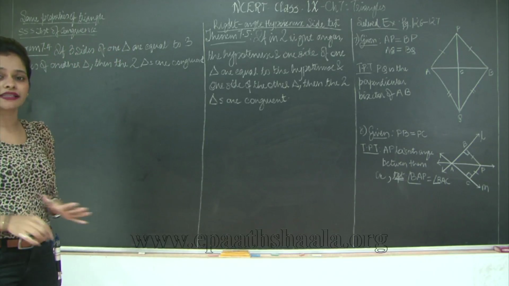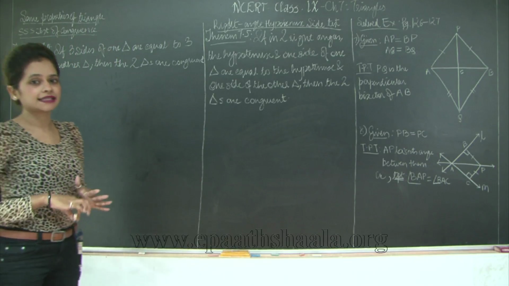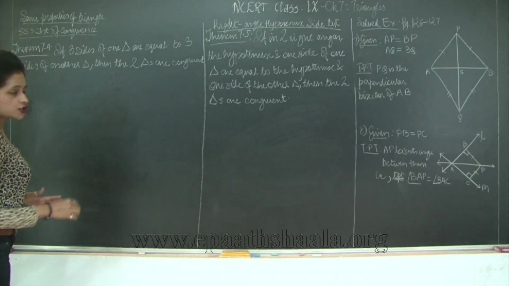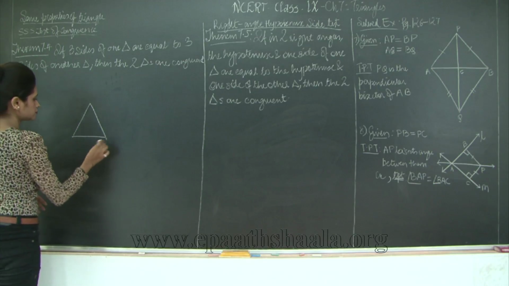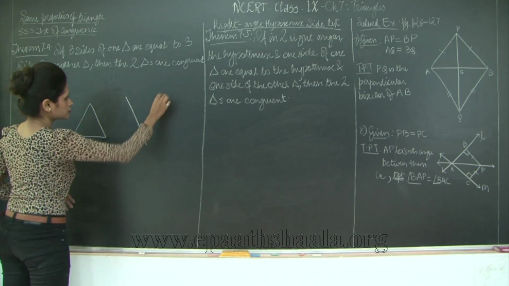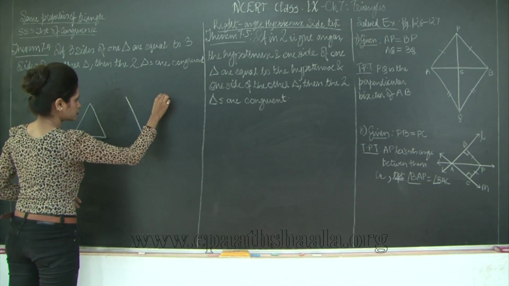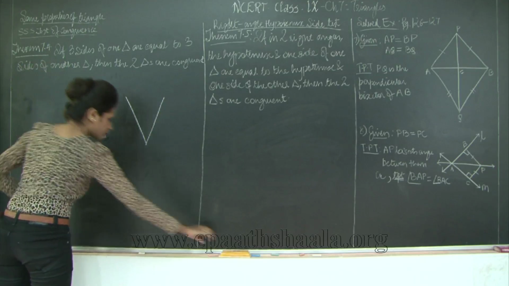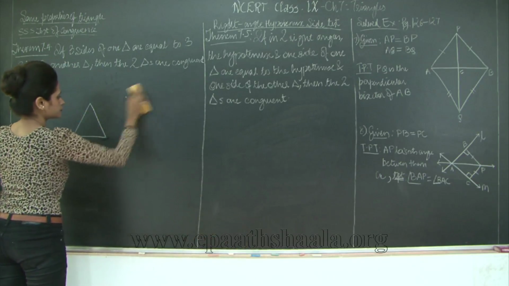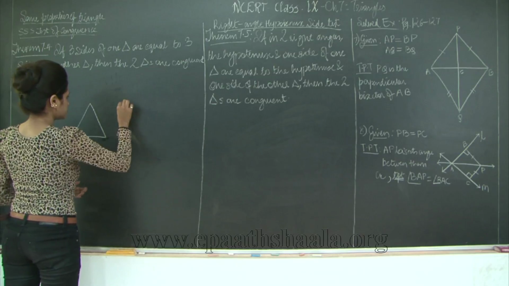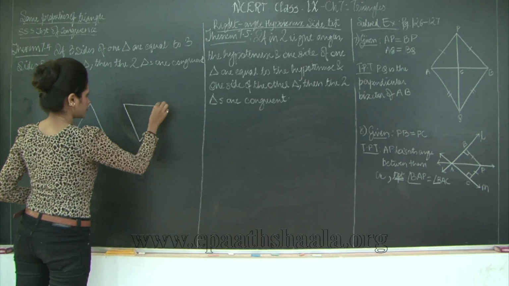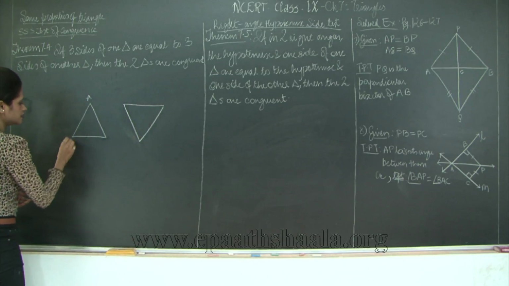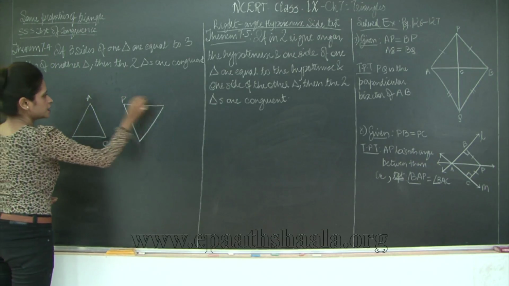SSS test of congruency is nothing but side side side test of congruency. So if I have two triangles, I will call this ABC and I will call this PQR.